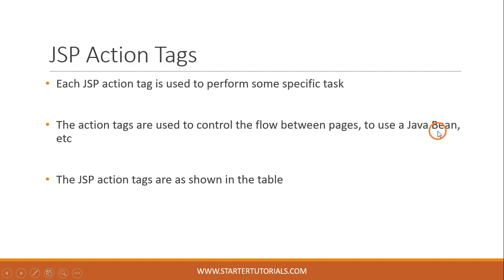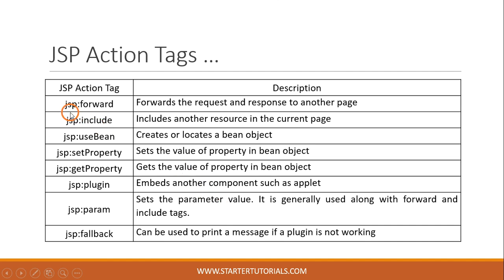You are going to look at this Java Bean in one of the future programs. You will see that later. These are examples of action tags which are available in JSP. You can see the action tag names on the left hand side here. This is the way in which we will use an action tag.